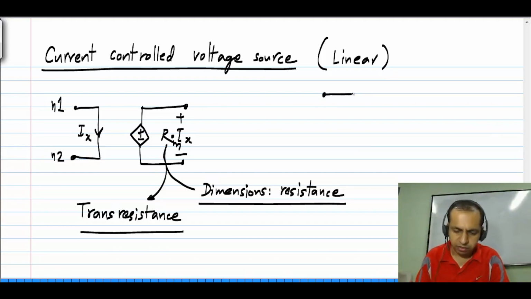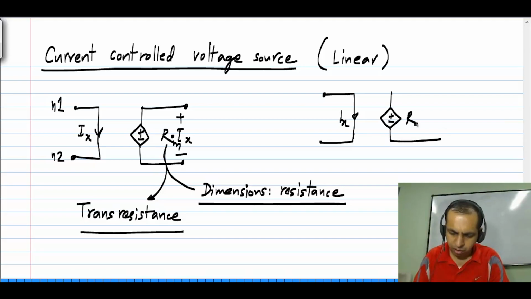This is indeed linear. And what does this mean? It means that, let's say we have a controlled source defined like this, with Rm being, let's say, 2 kilo ohms.